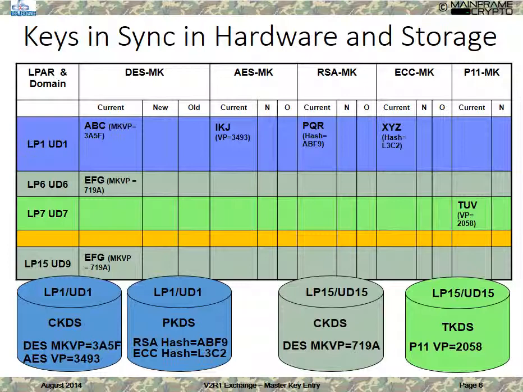Notice LPAR 15 and LPAR 6 on this slide are both colored in gray, and they are associated with a single key store down there at the bottom, the CKDS. So what can happen here is we could create a key on LPAR 15. It would be encrypted under the master key associated with LPAR 15.